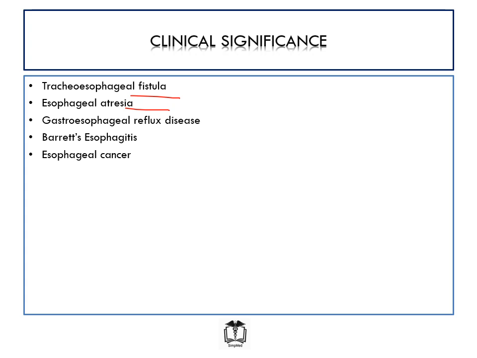Then we have the concept of gastroesophageal reflux disease. This is when the lower esophageal sphincter is not functional, and as a result, we have a reflux of gastric contents into the esophagus. This can lead to acid destroying the lumen of the esophagus, leading to what we call Barrett's esophagus.